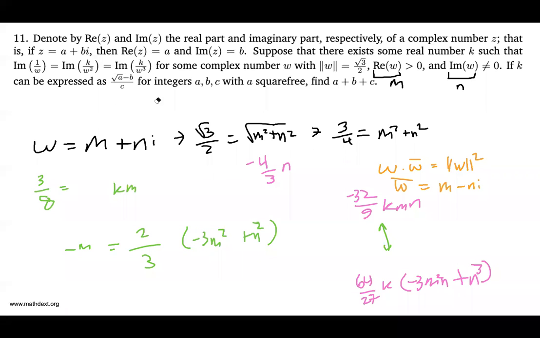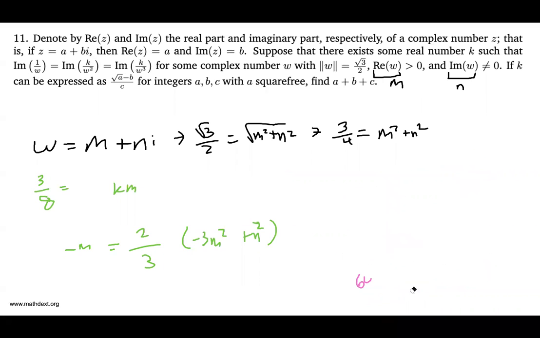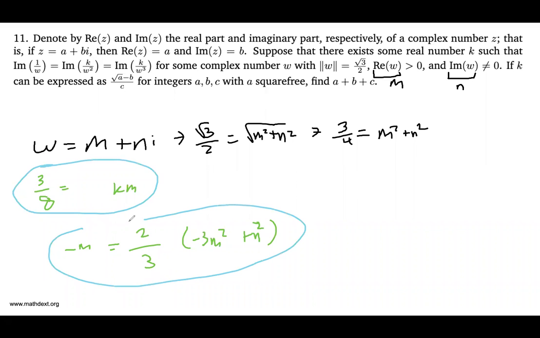Now I'm going to strategically get rid of some of this other stuff and circle the important stuff in this nice blue color. This guy, and this guy. And look what we have. We have 3 equations and 3 unknowns, k, m, and n.